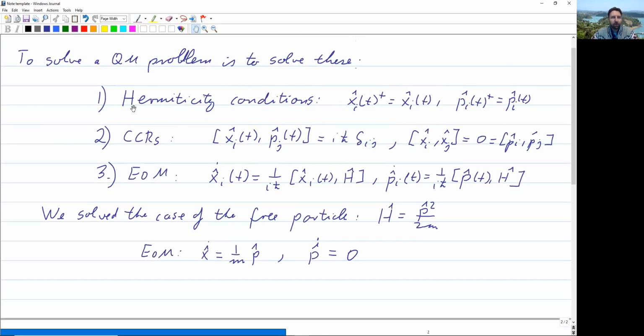The trick to solving these three problems that we always have to solve simultaneously in quantum theory is that we separate the problem of solving the canonical commutation relations from the problem of solving the equations of motion. In other words, we are trying to solve the problem by writing the solution as a product of two expressions.